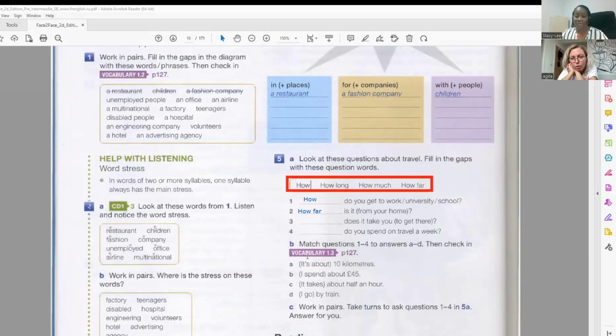How long does it take you? And how much do you spend on travel a week? Okay, pretty good. Pretty good.